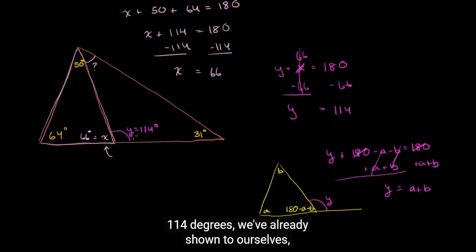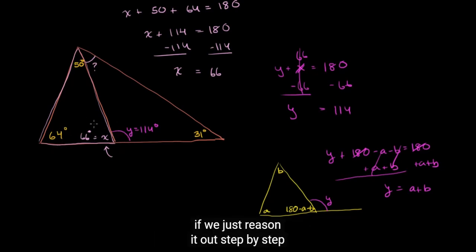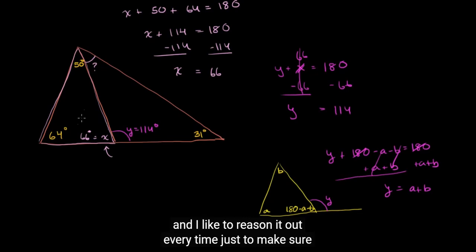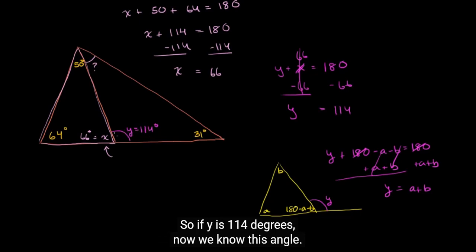114 degrees, we've already shown to ourselves, is equal to 64 plus 50 degrees. But regardless of how we do it, if we reason it out step by step, or if we just knew this property from the get-go, we know that y is equal to 114 degrees. I like to reason it out every time just to make sure I'm not jumping to conclusions. So if y is 114 degrees, now we know this angle. We were given this angle at the beginning.